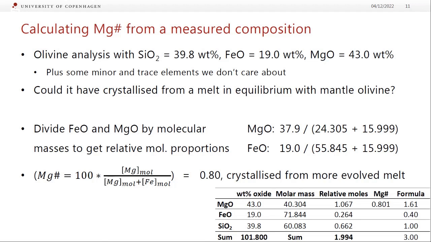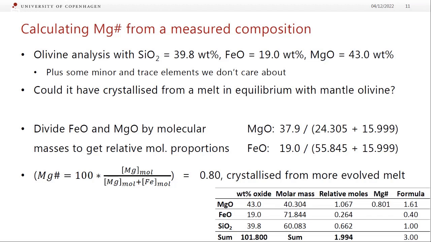This example is a real olivine analysis that I did. So we have about 40% silicon, we have about 19% iron, and we have about 43 weight percent magnesium, and they're all oxides, right? There's also some minor trace elements that will come out in the analysis, and we're just going to ignore those because we don't care.